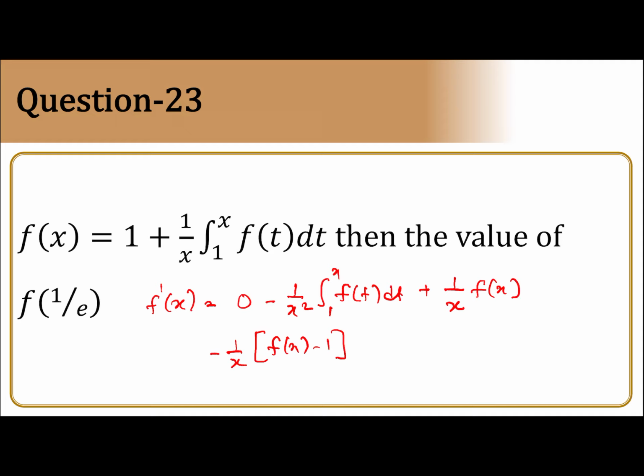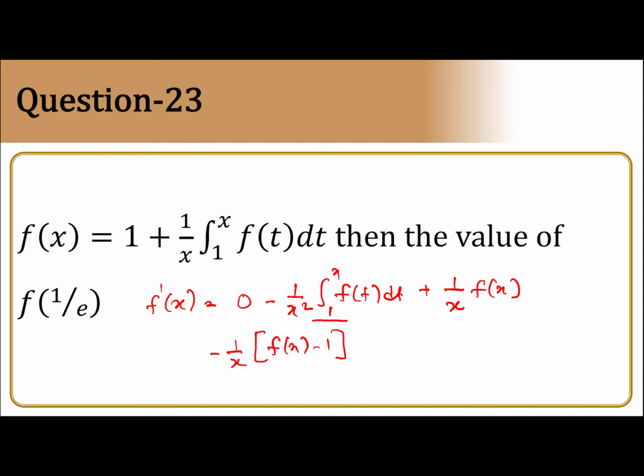This is f of x minus 1 by x f of x minus 1. Why we wrote like this? Because minus 1 by x square integral 1 to x f of t dt is given to you, and plus 1 by x f of x is given to you, so f dash x is equal to minus 1 by x f of x minus 1.